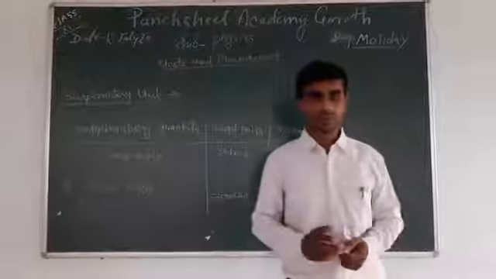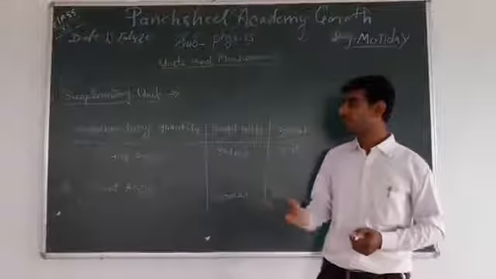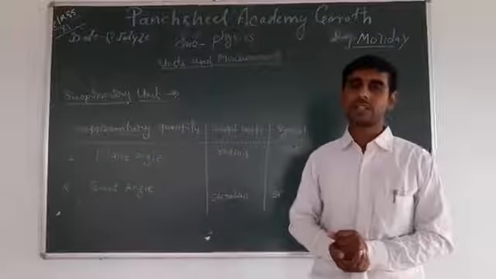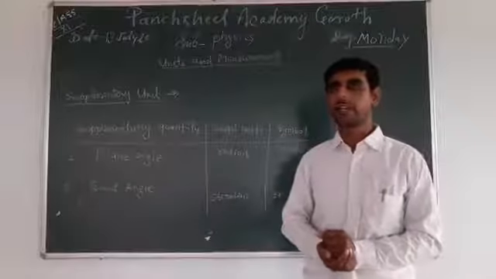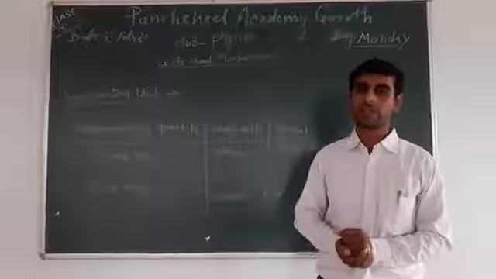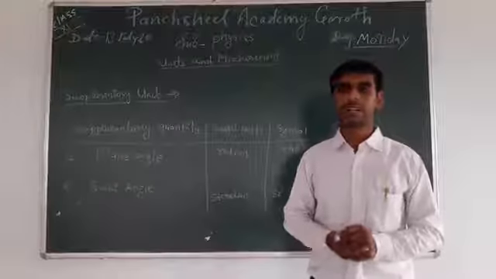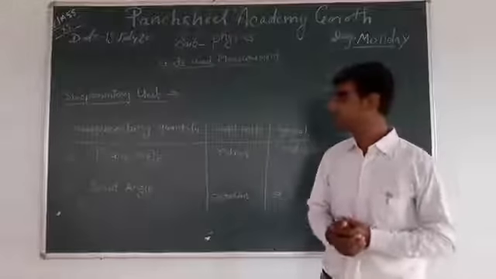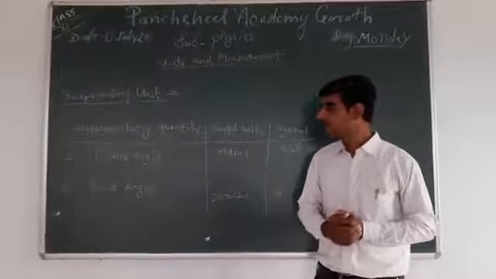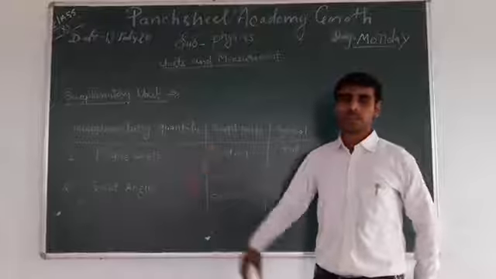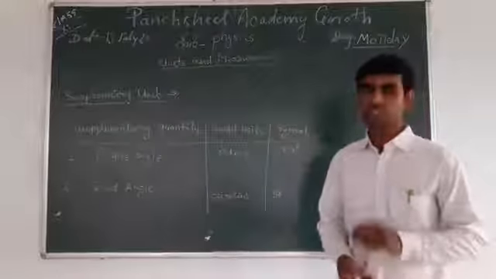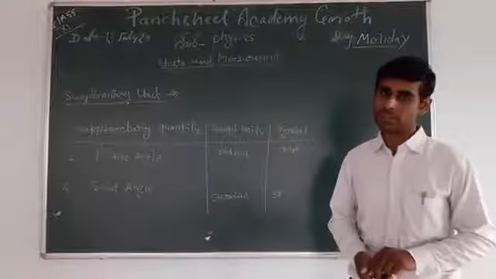We also saw various fundamental quantities, their SI units and their symbols. So the 7 fundamental units you have completed, and there are 2 more units which are essential for measurement.